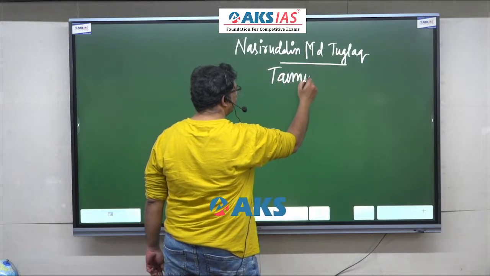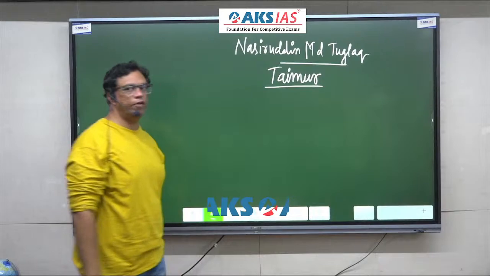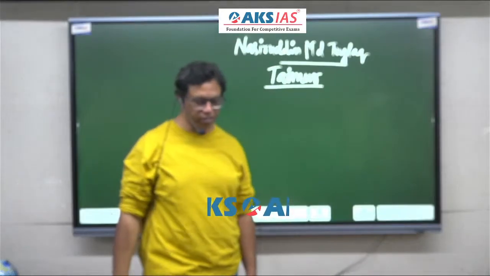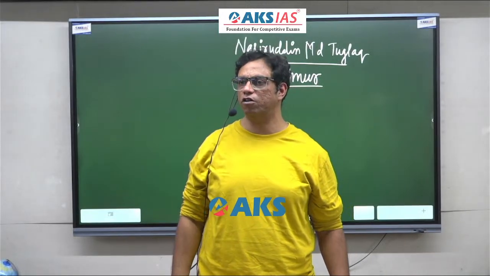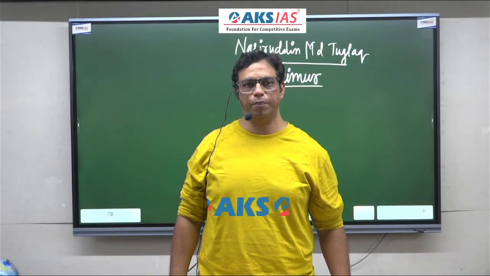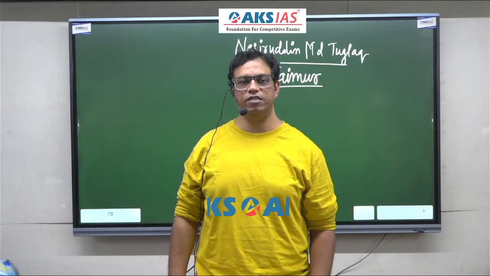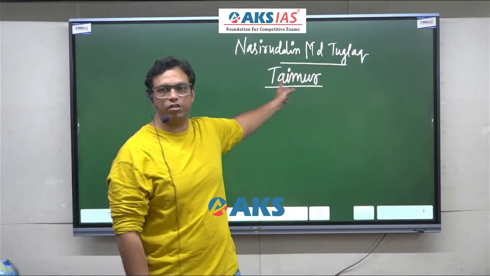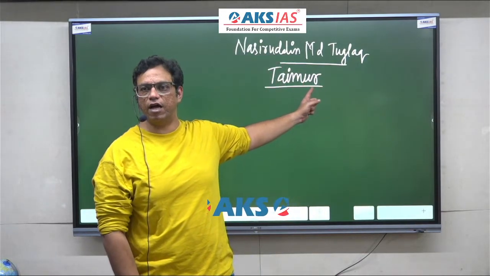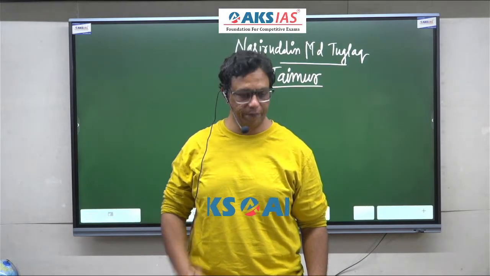Who is this Taimur? He is the forefather of Mughal emperors. He was ruling from Samarkand in Uzbekistan. He invaded India and conquered many territories in the northwestern region. When he left, he appointed an in charge to take care of these conquered territories. His name is Sayyid Khizr Khan. And after the death of Naseeruddin Muhammad Tughlaq, Sayyid Khizr Khan captured the throne and started Sayyid dynasty rule in Delhi. Please take these points.